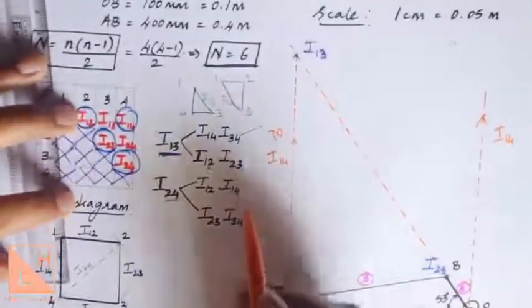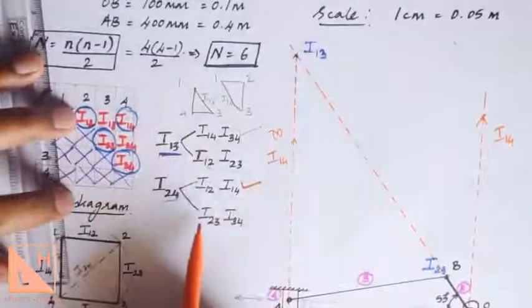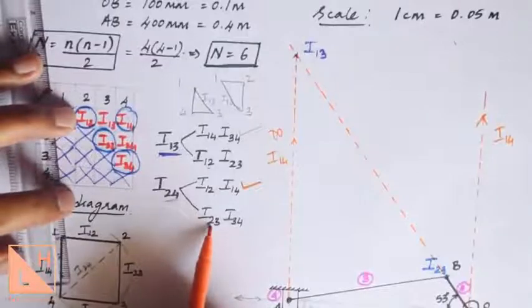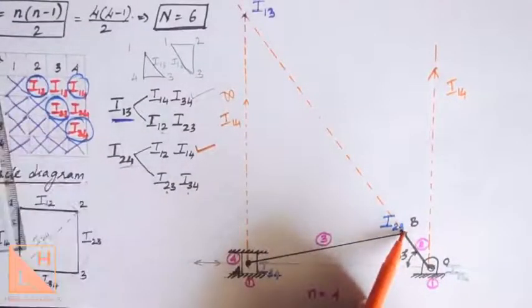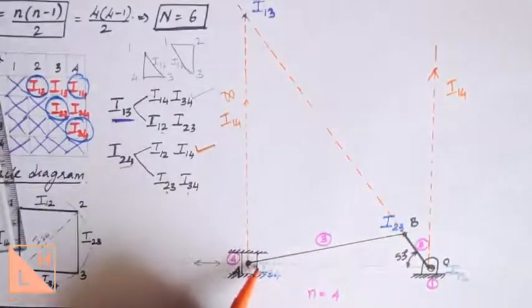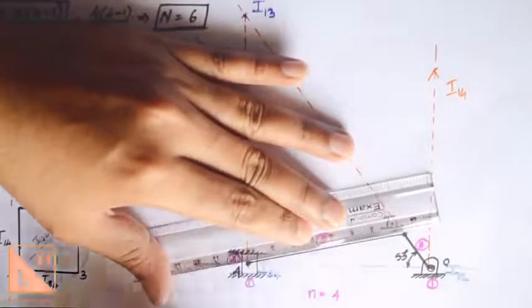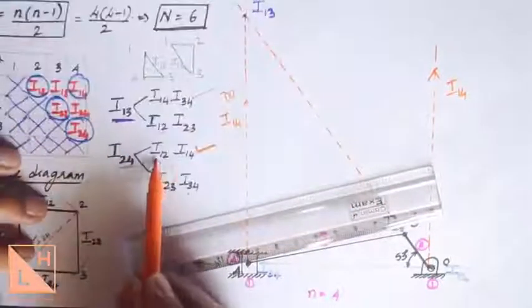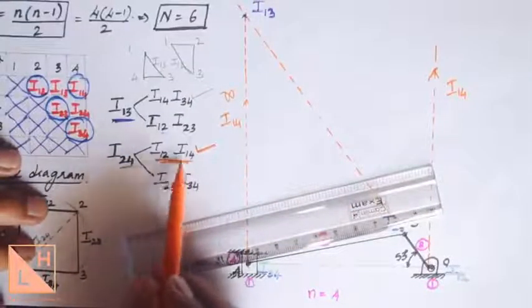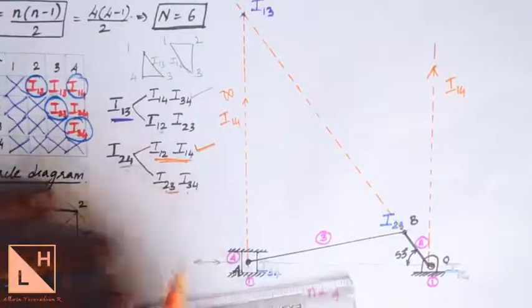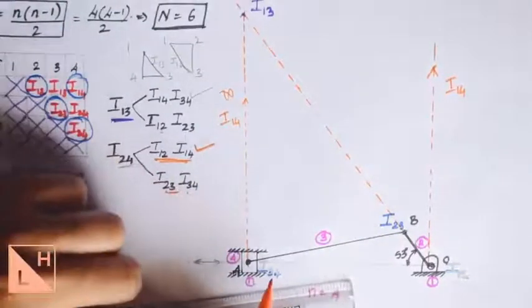Now we have done with the first one. Check the second 2 points. We have I23 to I34. I23 is present here, I34 is present here. Connect this with a straight line. It is already connected. You just need to extend it till it touches the other line, which is formed by I12, I14. I12 is here, I14 is here. This is the line to which I need to connect the other line, which is from I23 to I34.